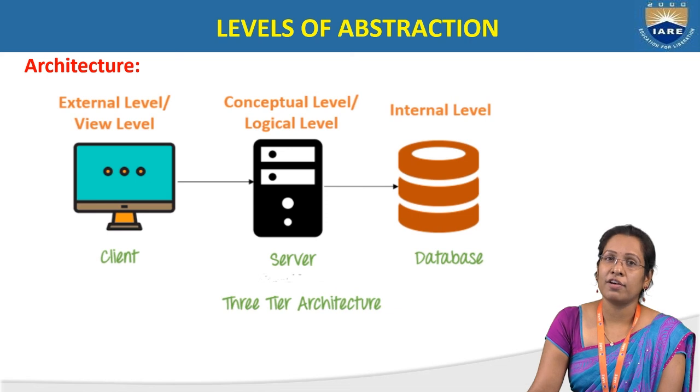From that, the server will extract the record as per the client and provide the response back to the client. That's why levels of abstraction is also called 3-tier architecture. The view level is handled by the user, the conceptual level is handled by the server, and the physical level is nothing but the database. This is our overall conclusion of the levels of abstraction.